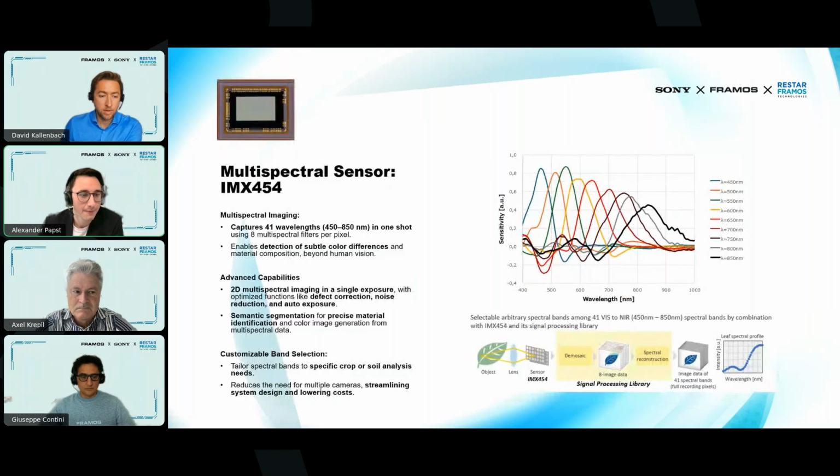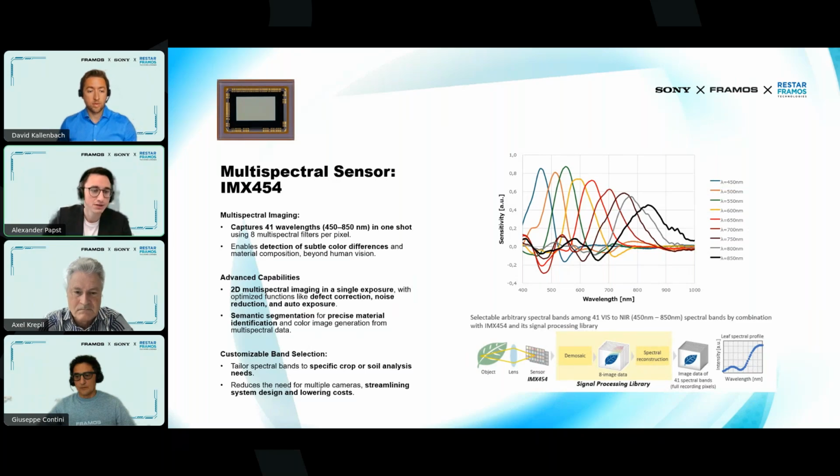All right, now let me introduce you to something completely new, which is the IMX454 multispectral sensor. The IMX454 multispectral sensor captures 41 distinct wavelengths ranging from 450 to 850 nanometers, and this is done within a single shot.